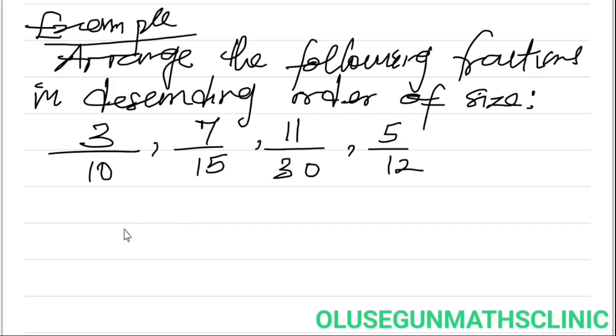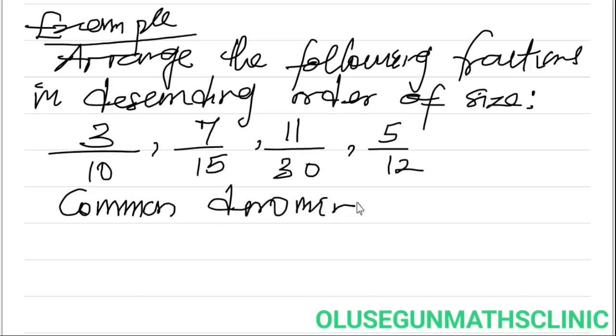We have to consider that the common denominator is 60. Because 10 can go in 60, 15 can go in 60, and 30 can go in 60.